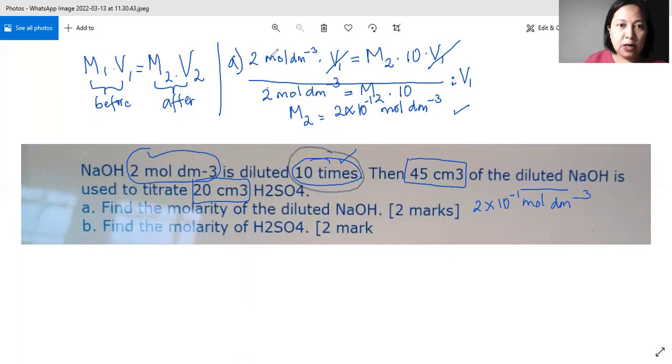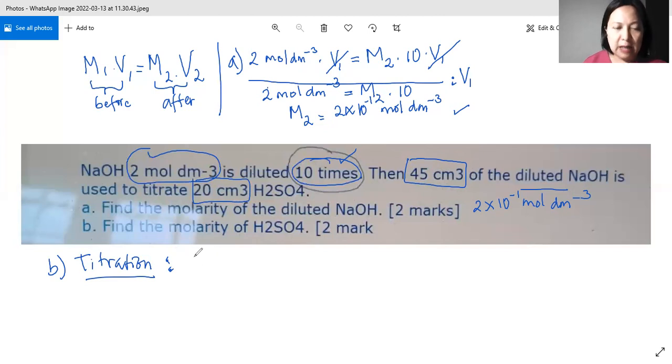So the A part is about dilution, and the B part is about titration. Here we first find the mole of the sodium hydroxide. How do we find it? For your information, because the unit of molarity is mole per decimeter cube, 45 centimeter cube should be converted first to decimeter cube.